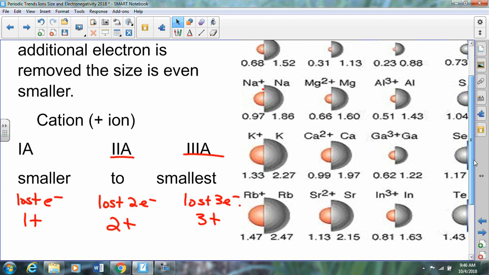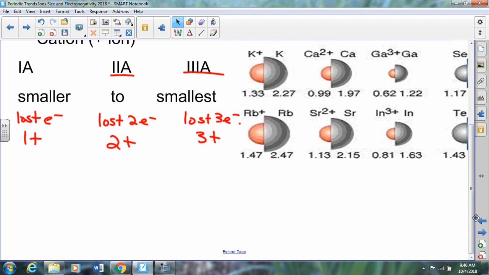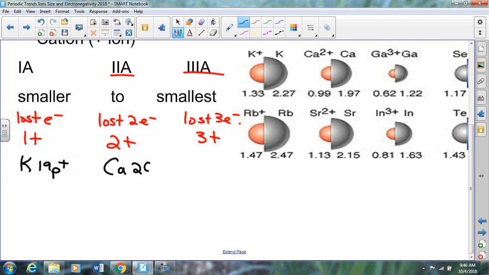Let's take an example. Let's do potassium. Potassium has 19 protons. That never changes. Calcium has 20 protons. That never changes. We skip all the way over to gallium, and we notice that gallium has 31 protons, and that's because transition metals fit in here. In the case here, this ends up with 18 electrons, this ends up with 18 electrons, and this ends up with 18 electrons.